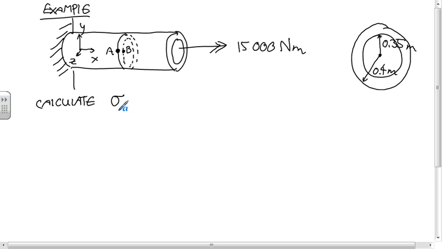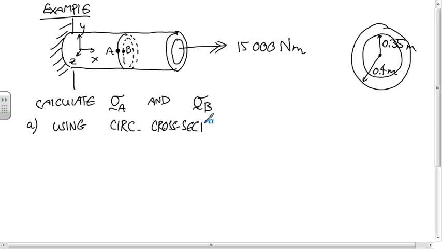So let's calculate the stress tensor at A and the stress tensor at B. First, using the circular cross-section approach. And then second, using the thin-walled approach.